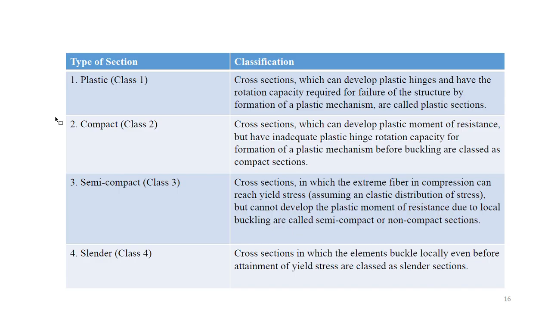Compact sections: a cross section which can develop plastic moment of resistance but has inadequate plastic hinge rotation capacity for the formation of the plastic mechanism before buckling is classed as a compact section. Here, what happened is that there will be plastic hinges. When we provide the hinges in between the beams, the section is going to rotate about that particular hinge.